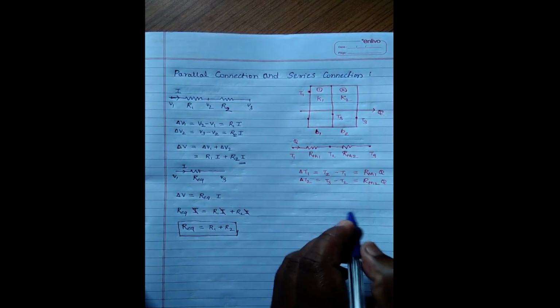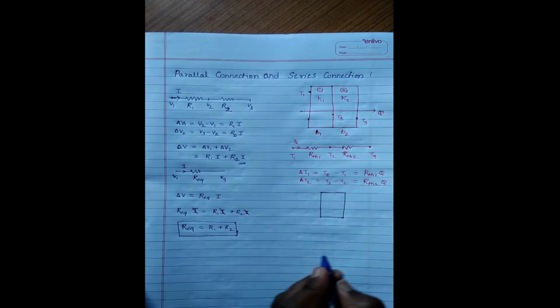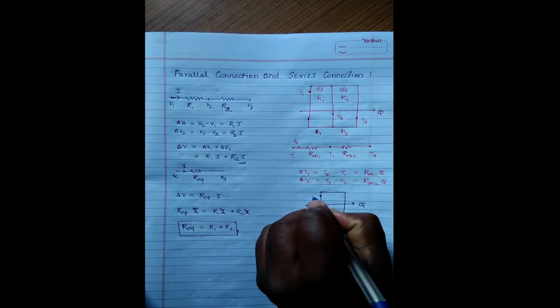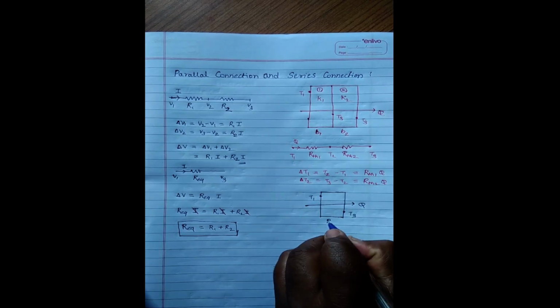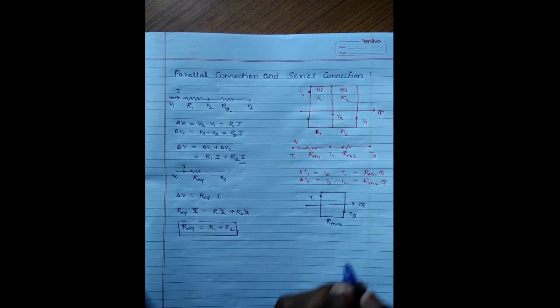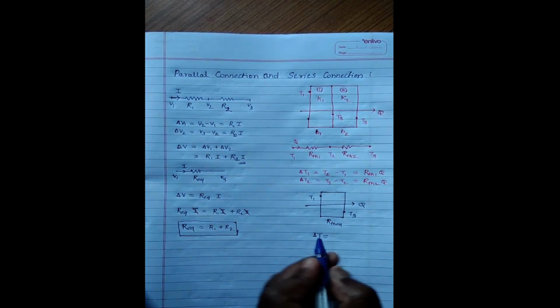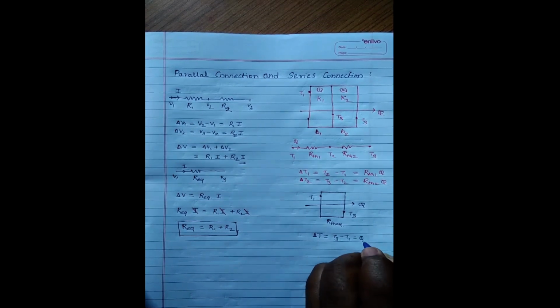If we replace these walls by a single wall with heat transfer rate Q, where one surface is maintained at temperature T1 and the other is at T3, with its equivalent resistance as R thermal equivalent, then we can write delta T is equal to T3 minus T1, which is equal to Q into R thermal equivalent.